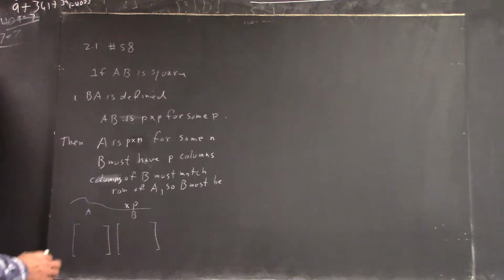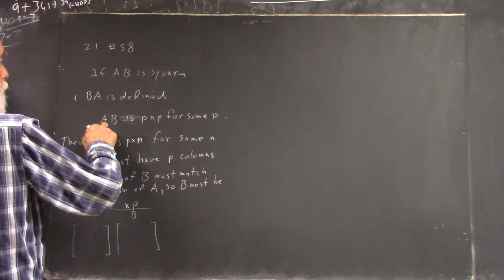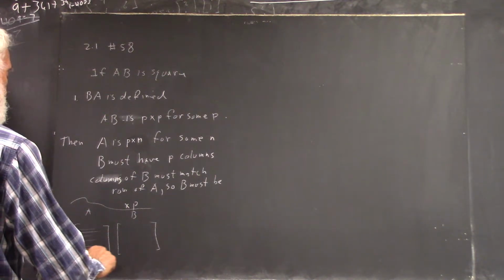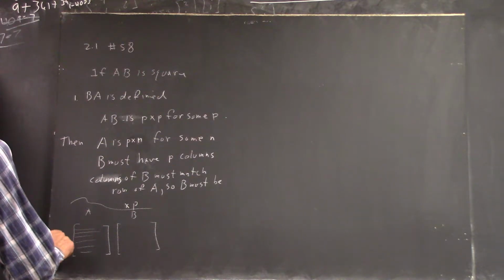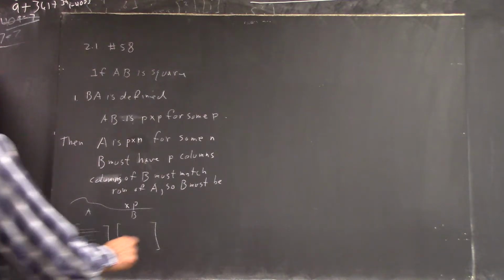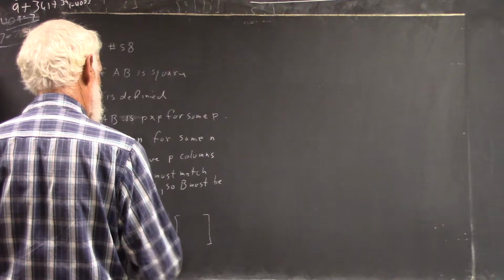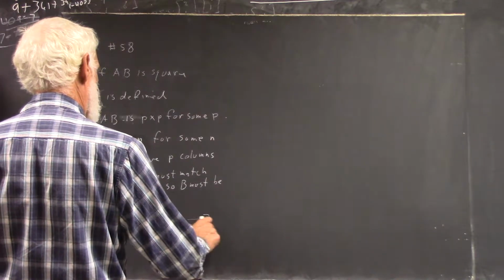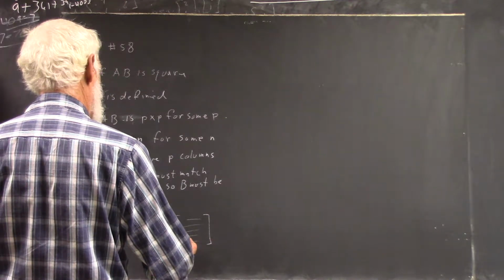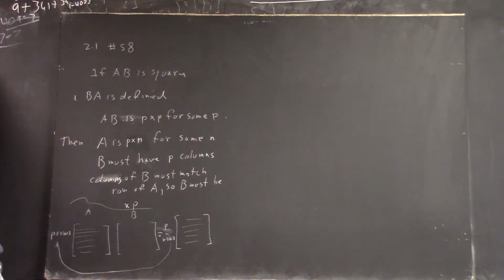Your A matrix has to have P rows in order for the AB matrix to have P rows, because you got P rows because this matrix has P rows. So P rows here requires you have P rows here. Okay?